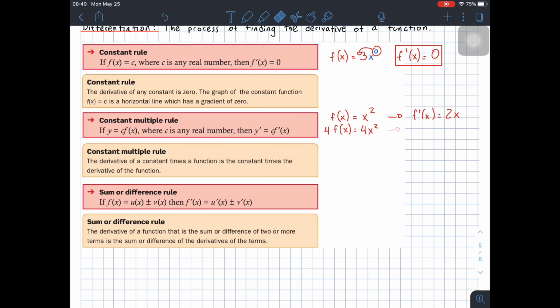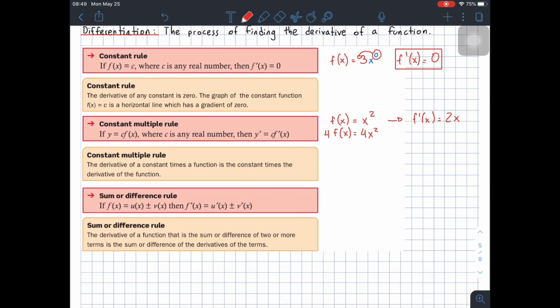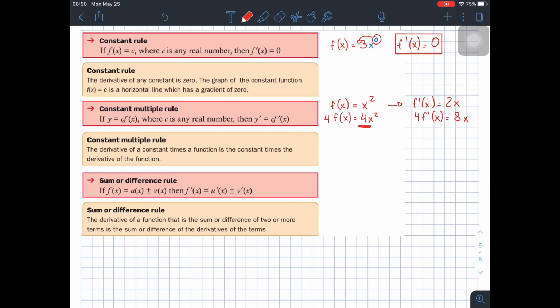If I multiply this by 4, we would say that 4f prime of x would be equal to 4 times 2, that's 8x, right? And if I find the derivative of this, of 4f prime of x, let me do that.